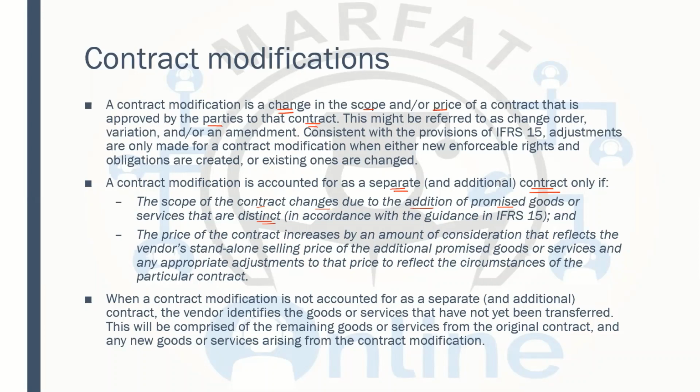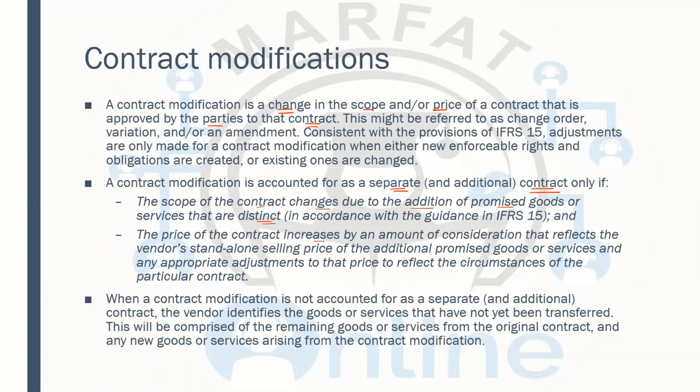Say, for example, you went to the computer shop and you buy yourself a mouse, and then later on you enter into a contract to buy the speakers as well. Now, obviously, the mouse and the speakers have no integration. The mouse can work by itself, the speakers can work in isolation. So these two things are distinct, different from each other. Their distinct nature shows that this is going to be a separate contract.